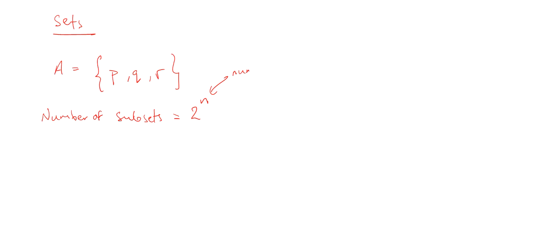All right. Now, a typical examination question, let's say we have a set A given by P, Q, and R, and we are asked to find the number of subsets of the set A. So the number of subsets is given by the formula 2 to the power n, where n is the number of elements within the set.